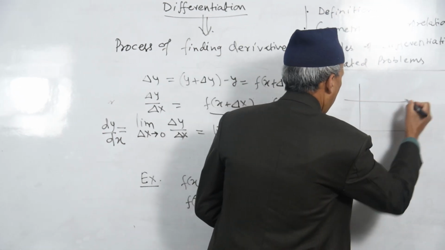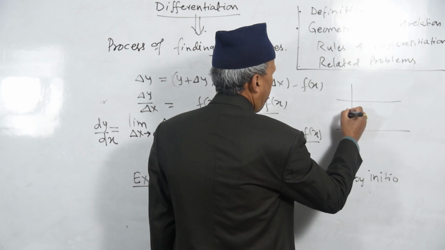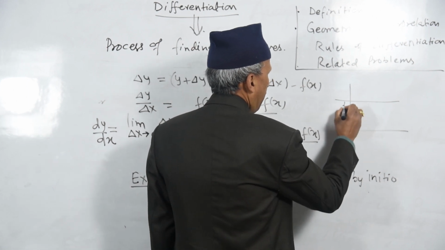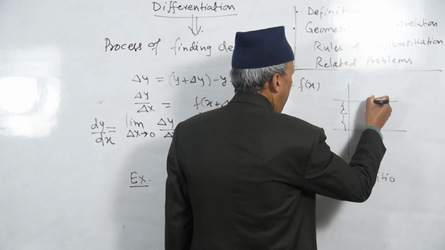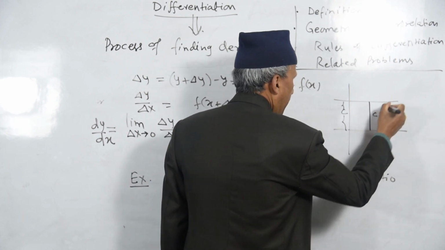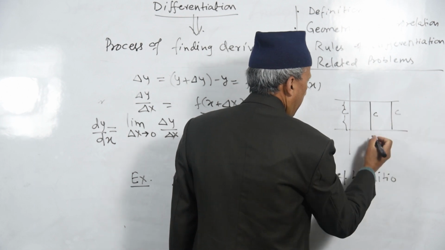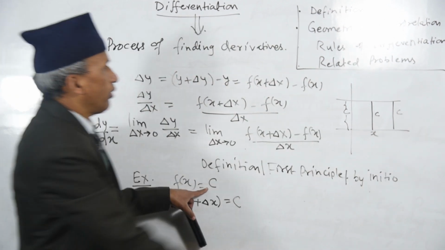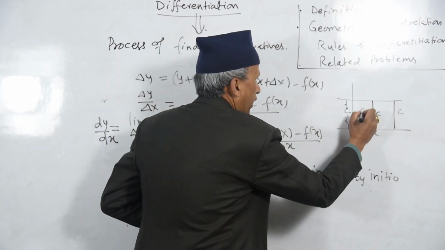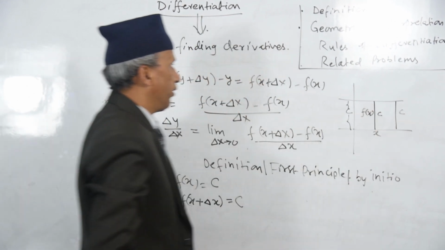Suppose this is c. If this distance is c, then everywhere you will be getting this c. Suppose this is x. If this is x, f of x is equal to c. This is f of x. Okay.